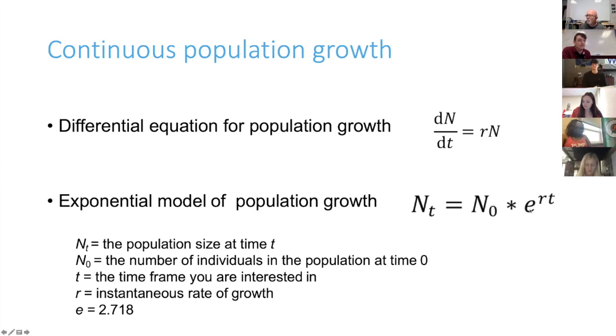And of course, e is constant. So this is the way that you can calculate population size for any time under a continuous model of population growth. So you don't have to go year by year like we just did for 2013. Any questions about these two equations? Seem okay?